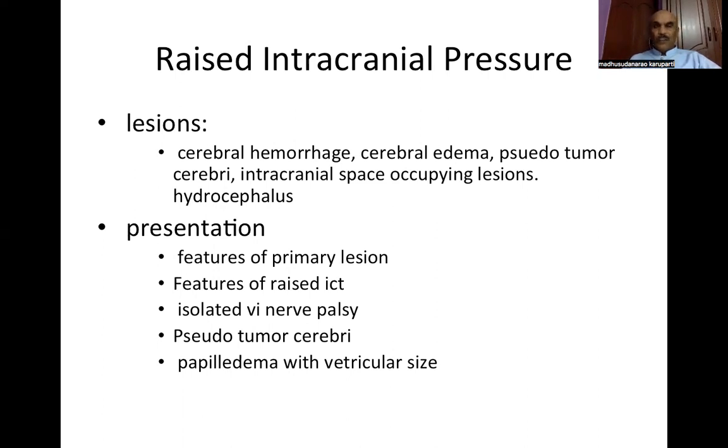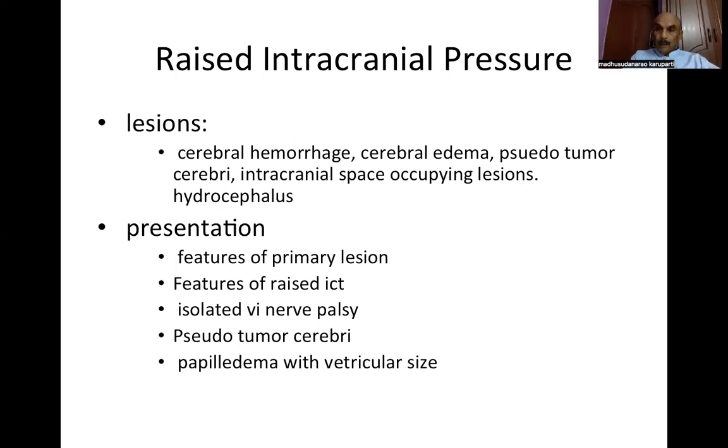So it may present with the features of the primary lesion, features of raised intracranial tension in the form of headache, vomiting, bradycardia, visual disturbances. It is isolated sixth nerve palsy. There is no involvement of the long tracts. Remember this.